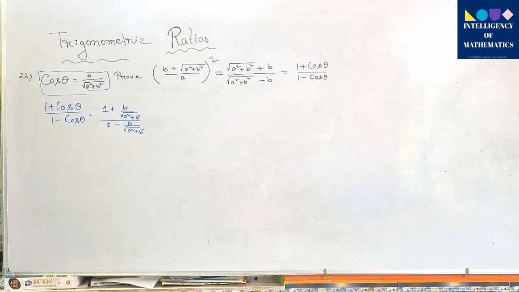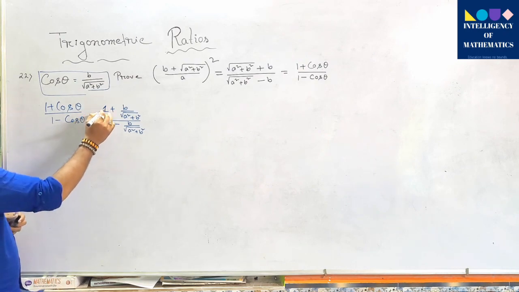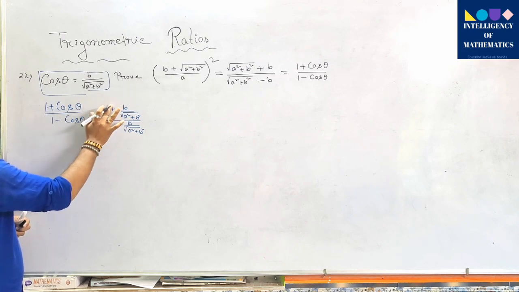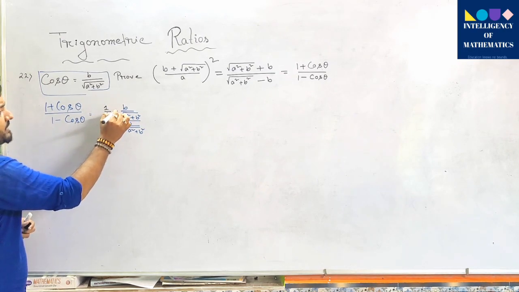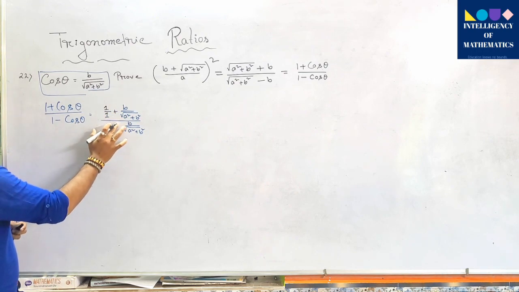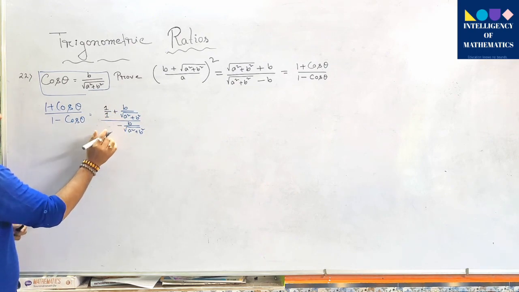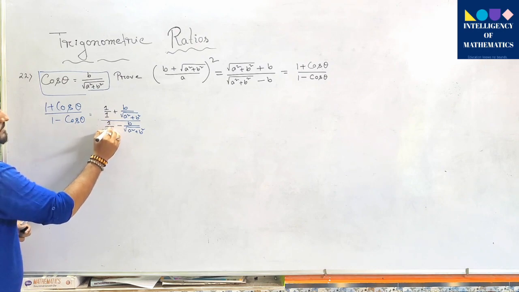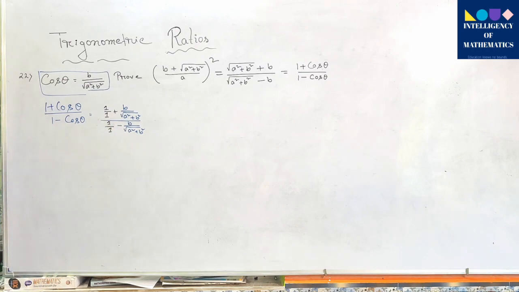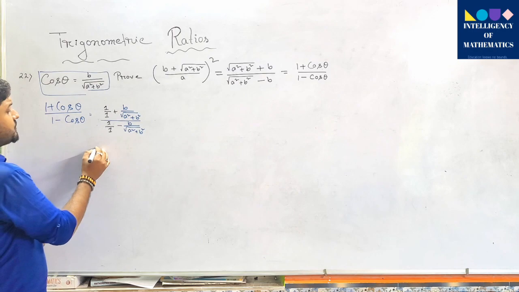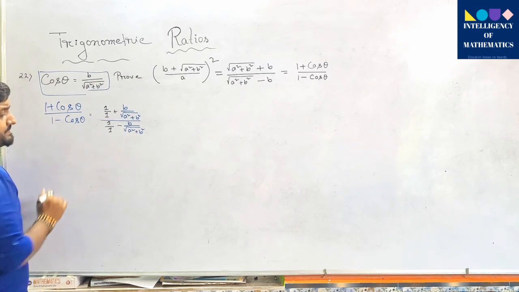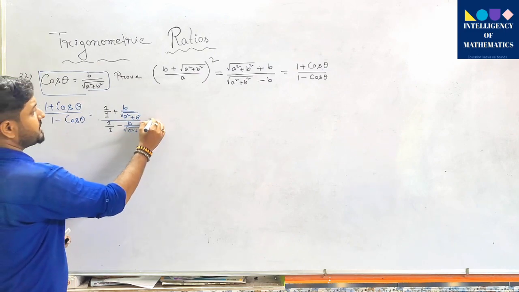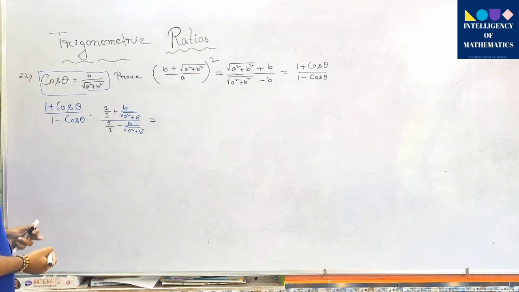Now we'll start solving it. 1 I can write as 1 by 1. Here also 1 I can write as 1 by 1. Now I can do the LCM here. What will be the LCM? Here I am doing it for your betterment.